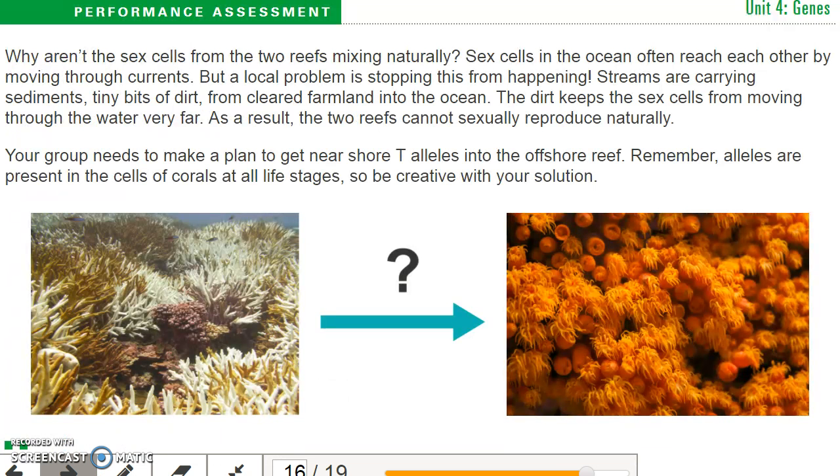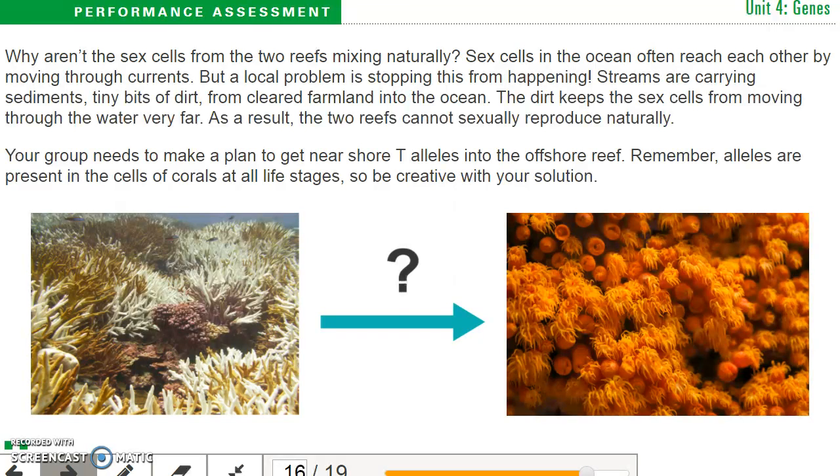Okay, so now here comes the part where you have to make a plan and a report. It says, why aren't the sex cells from the two reefs mixing naturally? Sex cells in the ocean often reach each other by moving through currents. But a local problem is stopping this from happening. Streams are carrying sediments, tiny bits of dirt, from cleared farmland into the ocean.